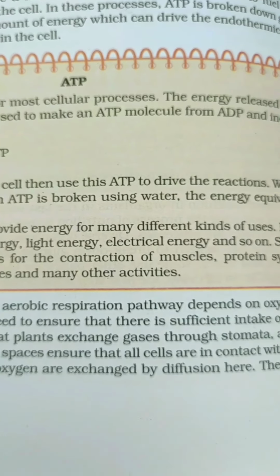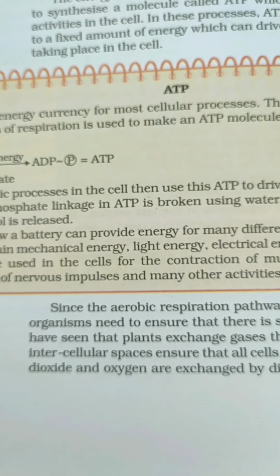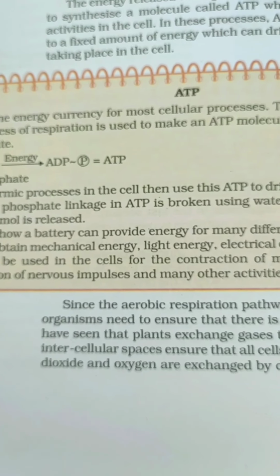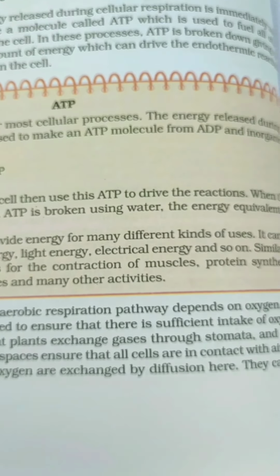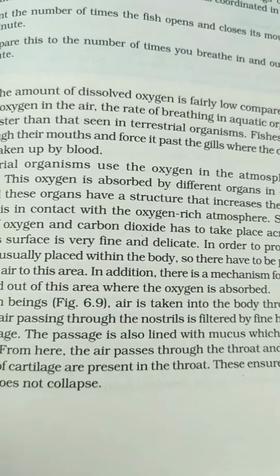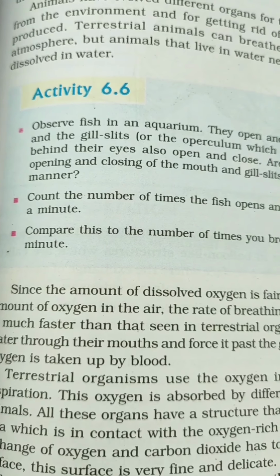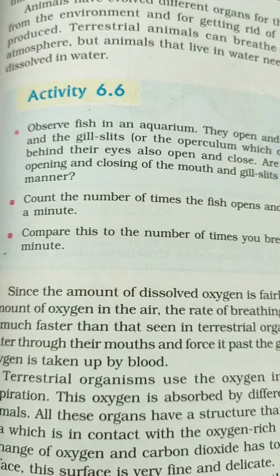Since the aerobic pathway depends upon oxygen, a sufficient amount of oxygen should be taken in by an organism to perform aerobic respiration. If we look at organisms like fish in an aquarium, you will find that they open and close their mouth very fast.